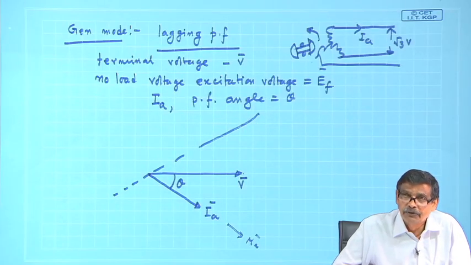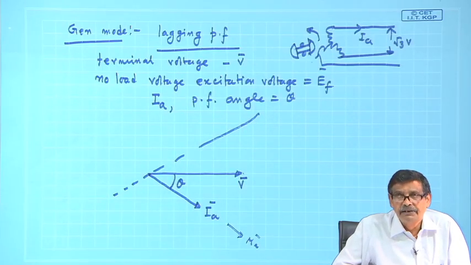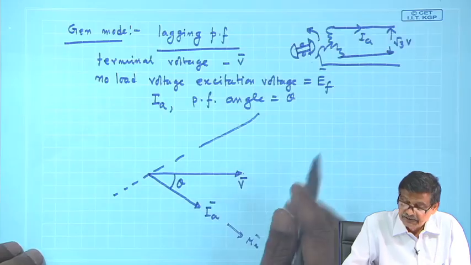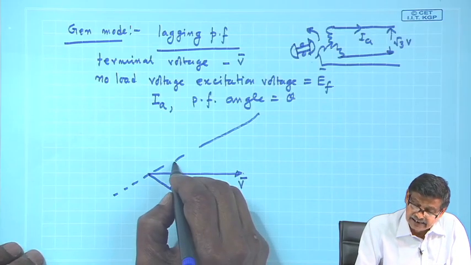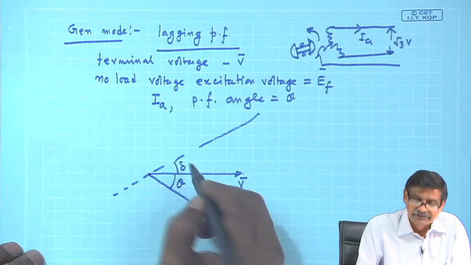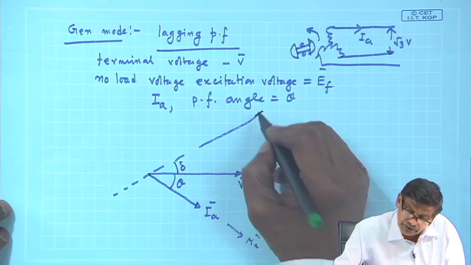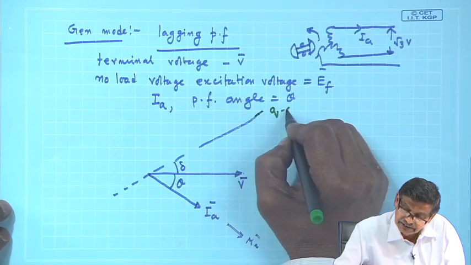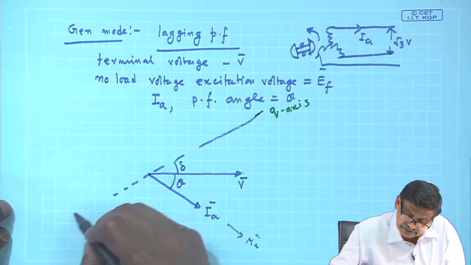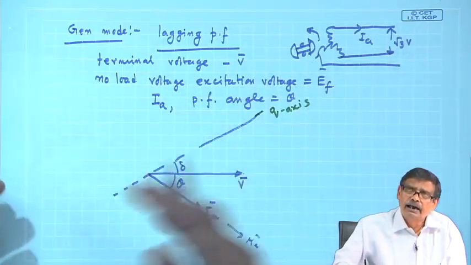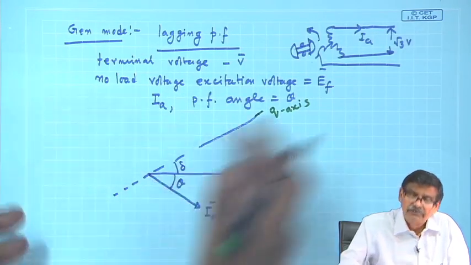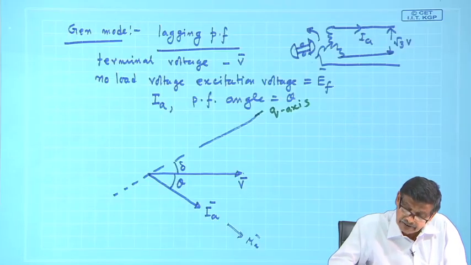In generator mode, EF will always be ahead of V, and this angle is delta. Of course, delta is not known now. So the q axis, which is along the EF axis, will be above it. I just draw it, suppose it is known to begin with.